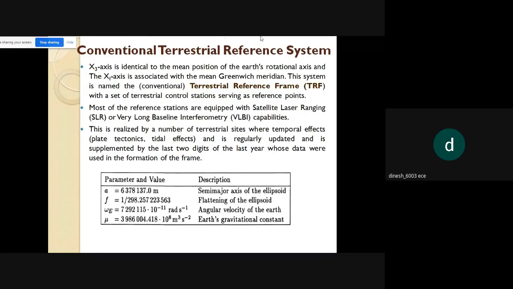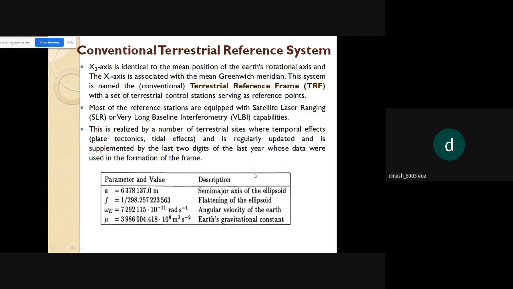This system is called the terrestrial reference frame, with a set of terrestrial control stations serving as different reference points. Most of the reference stations are equipped with satellite laser ranging, SLR, or very long baseline interferometry, VLBI, capabilities for determining the positioning. These are realized by a number of terrestrial satellites, where plate tectonics and tidal effects are regularly updated and supplemented with the last two digits of the year.